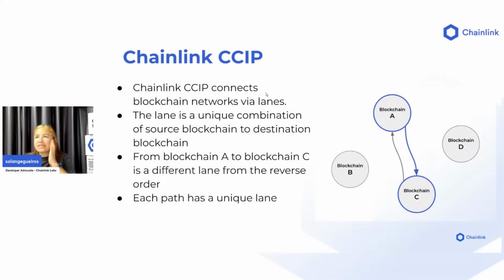So the lane is a unique combination of the source blockchain and the destination blockchain. The lane going from A to C is different from the lane going from C to A; each path has a unique lane.